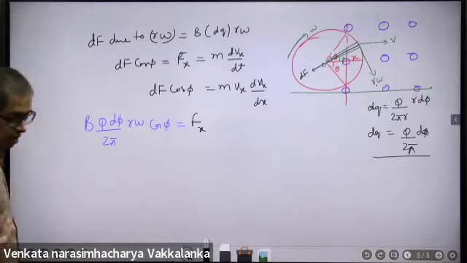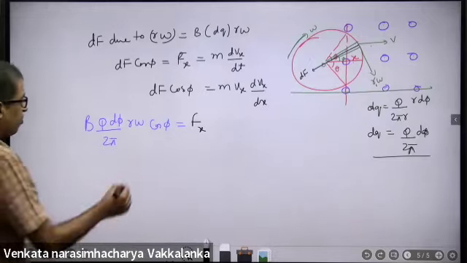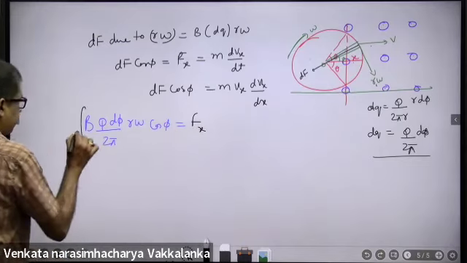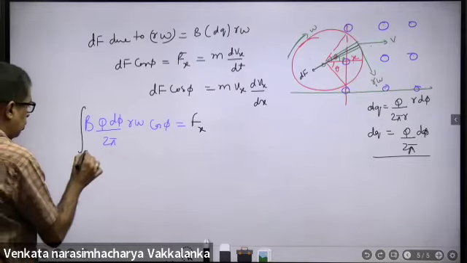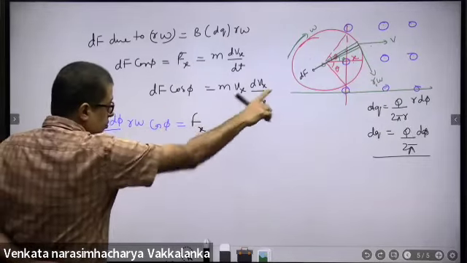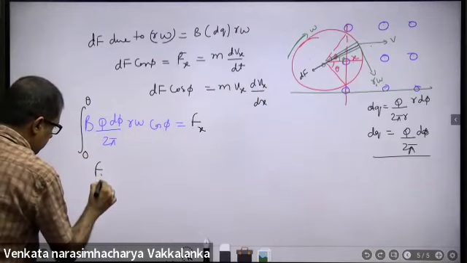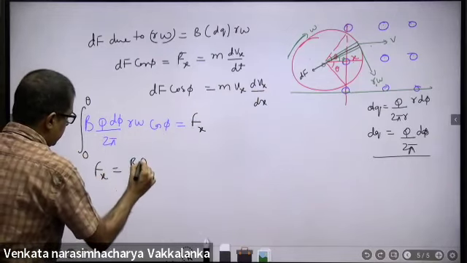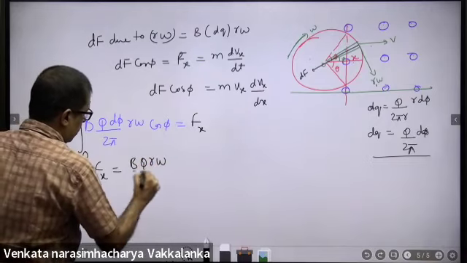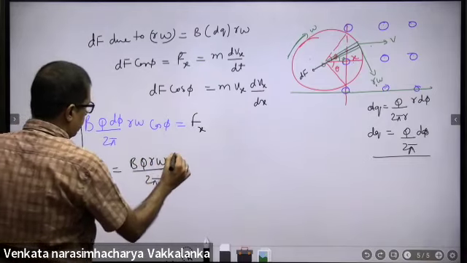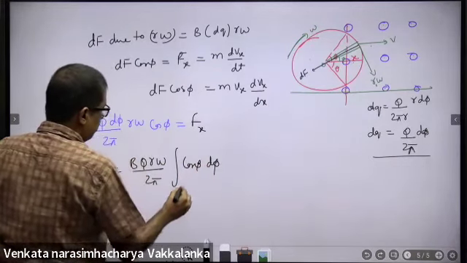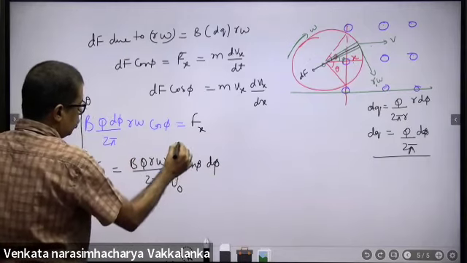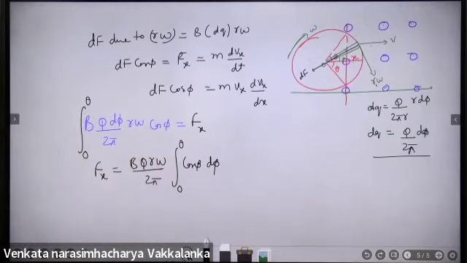Now this Fx is technically DF cos phi. Least value of phi is 0. Maximum value of phi is theta. So first I'll get the expression for Fx. Fx is dq R omega by 2 pi integral of cos phi d phi from 0 to theta.